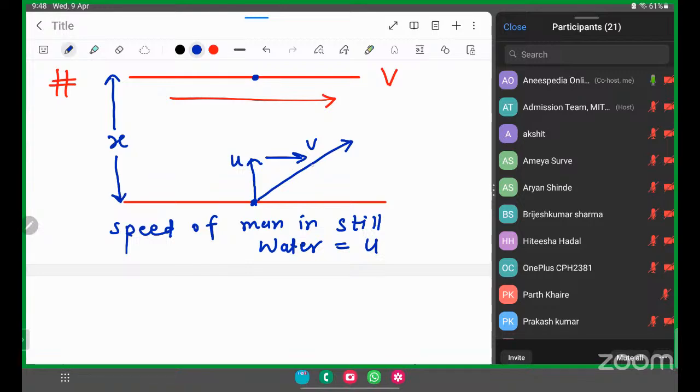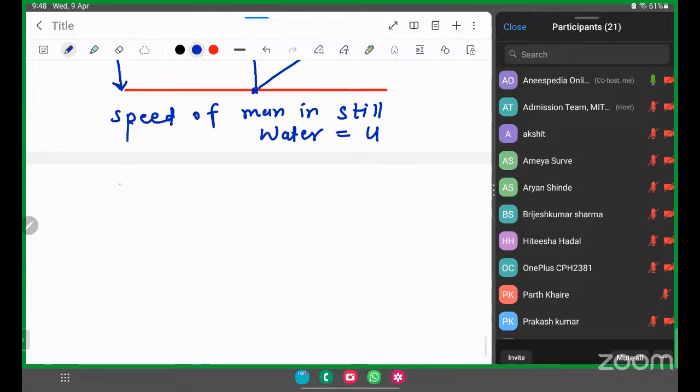Speed v will help him to go into the horizontal direction. So time taken to cross the river will be distance upon speed, that is x by u. Understood? Yes, sir.